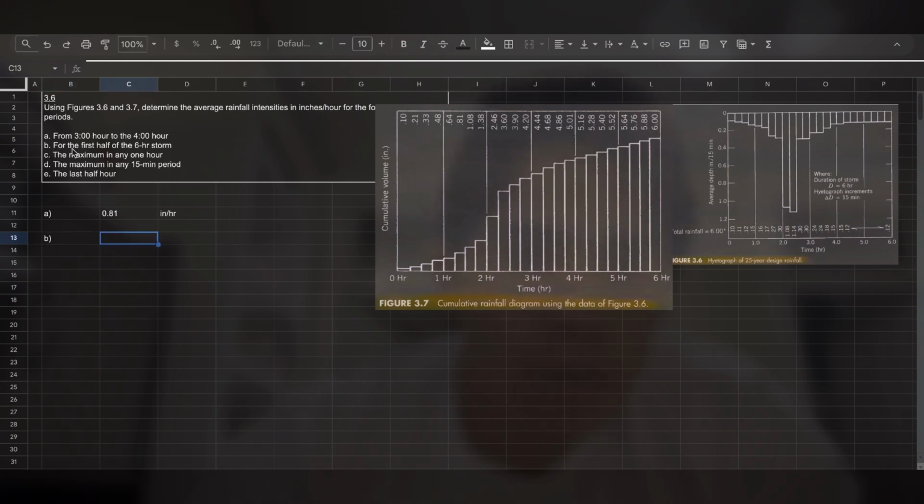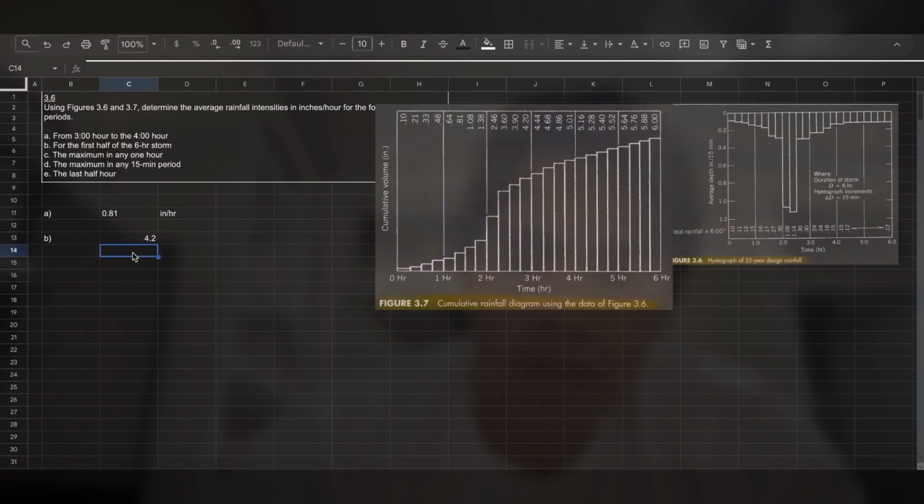Now for part B, we're asked for the first half of the 6-hour storm. So it will be the first 3 hours. We do a similar approach: the last value of the third hour, 4.2, minus, in our case, 0 because it started at 0.